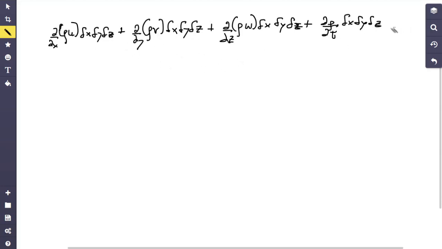This all must be equal to 0 in order to conserve mass.